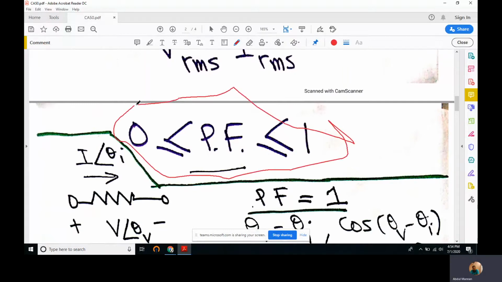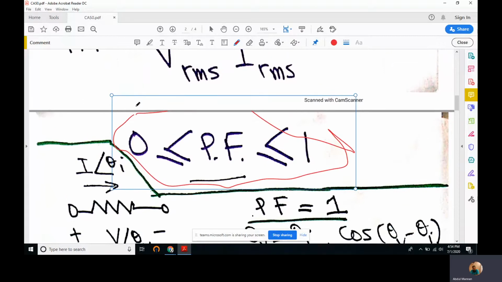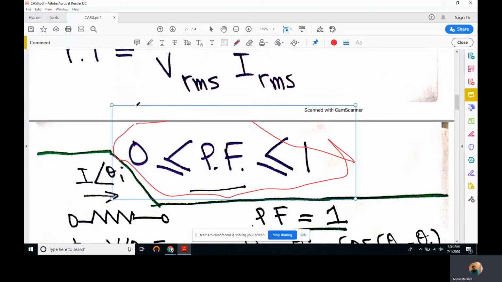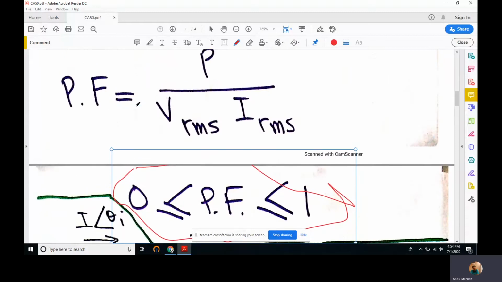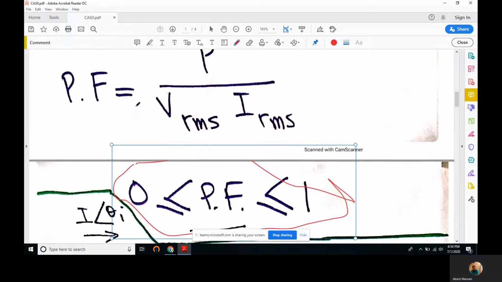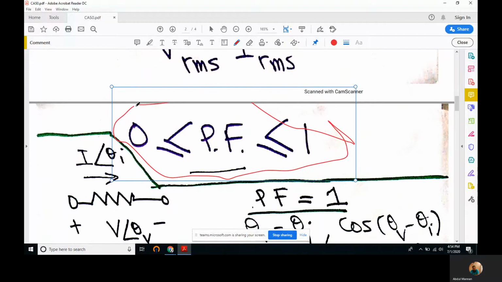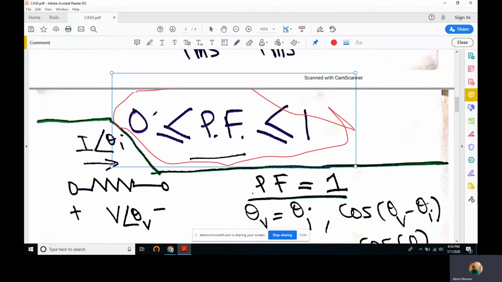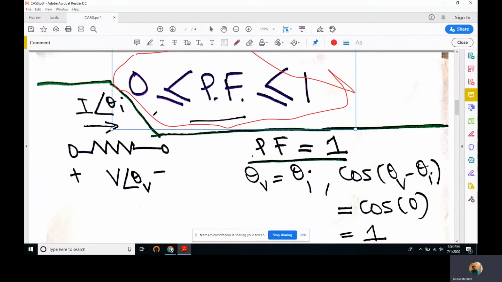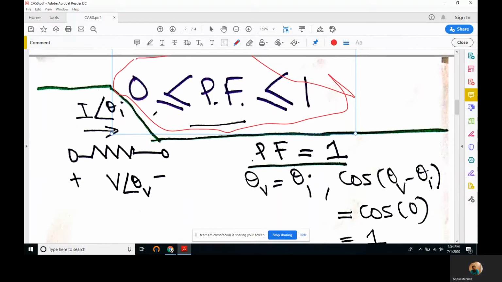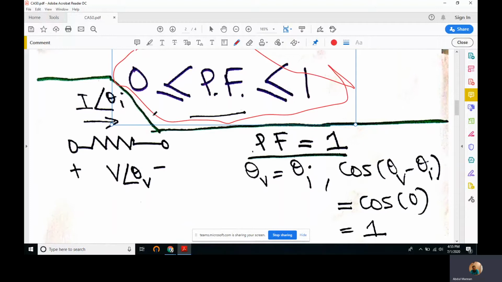Value of power factor is always between 0 and 1 because we know that it's a cosine term, and the cosine term can range from -1 to 1. But the term power factor ranges from 0 to 1, but it can be leading or lagging. I'll explain the term leading or lagging shortly.